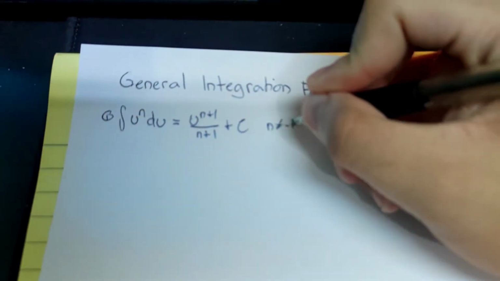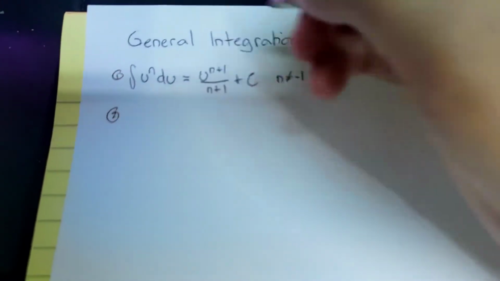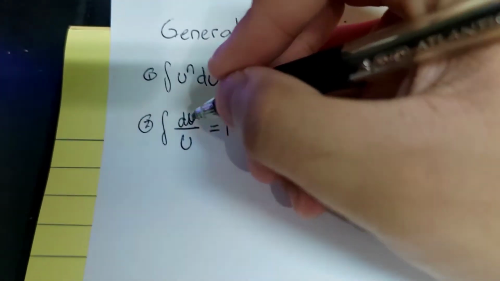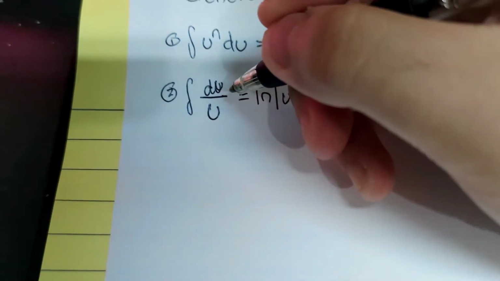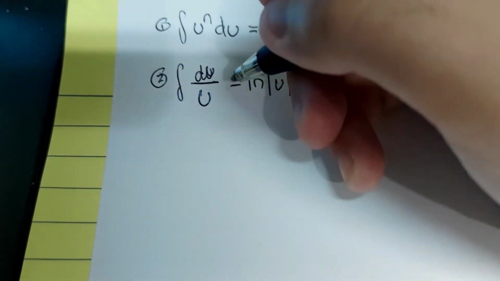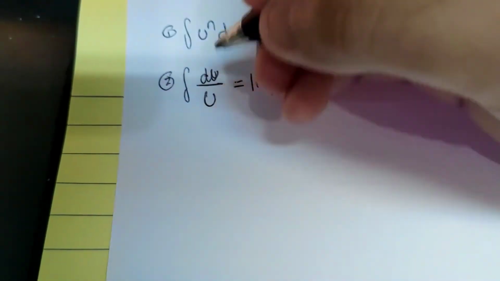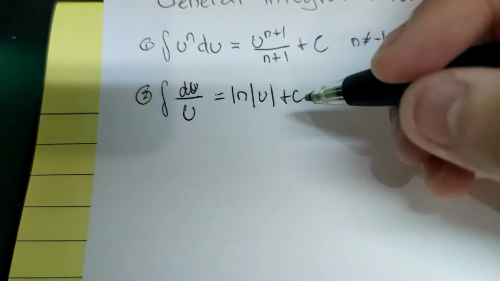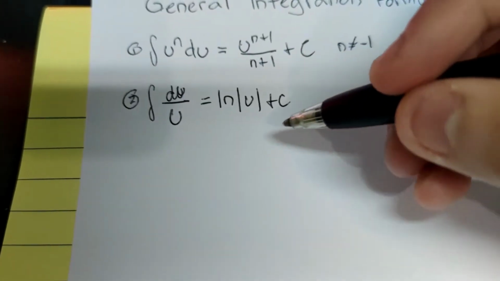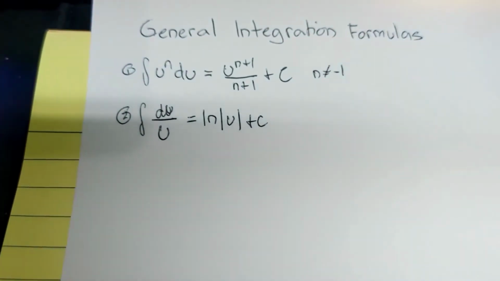If you have -1, we can use the second formula, which is the integral of du over u. For this formula, the derivative of the function in the denominator can be found in the numerator. So the integral of du over u is ln absolute value of u plus c.